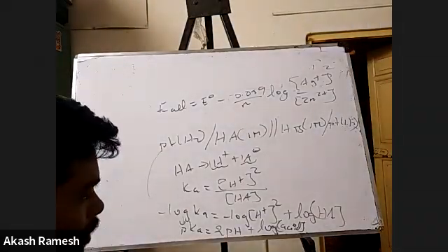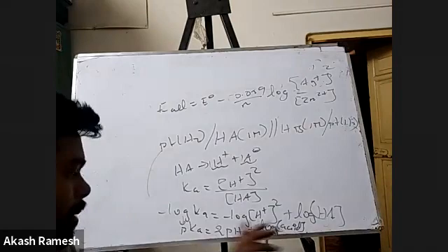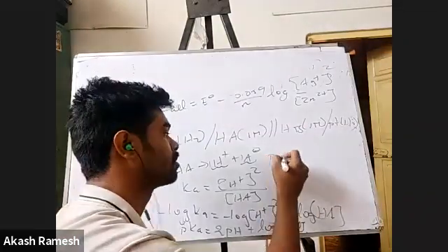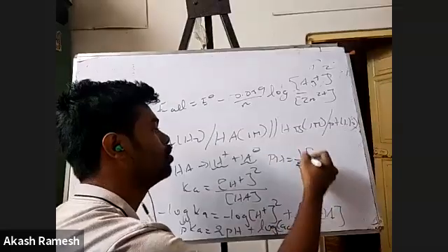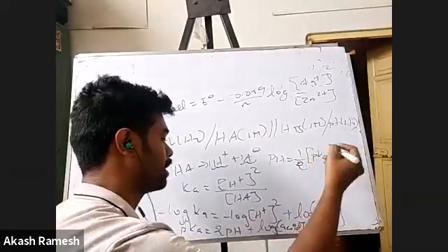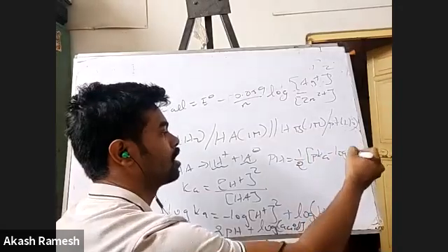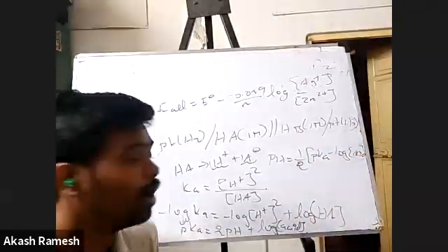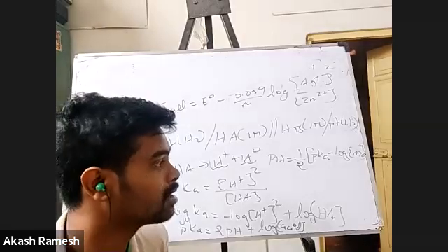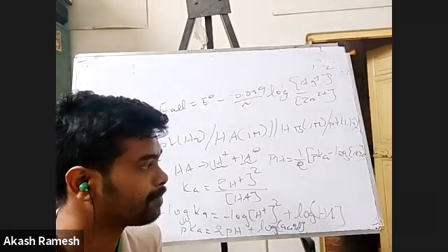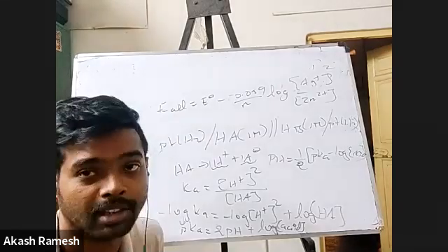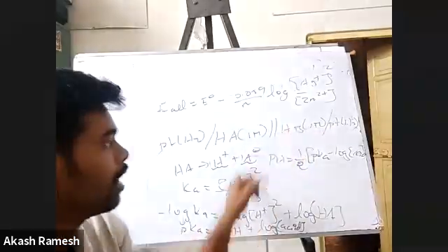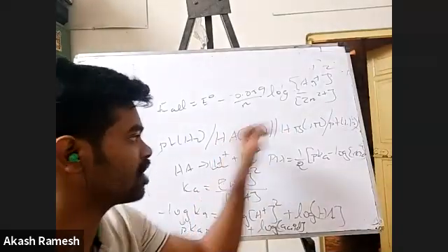Okay, now what I have to understand is, this is how you write it: pKa is equal to 2 pH plus log of the concentration of the acid, or you write pH is equal to 1 by 2 into pKa minus log of the concentration of the acid.